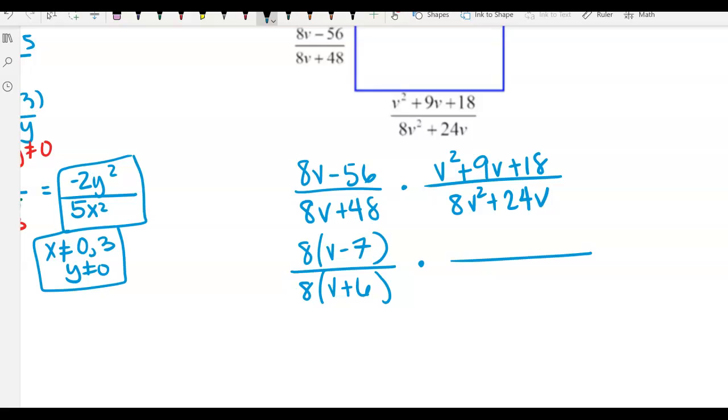Oh, I must have looked wrong. Oh, that's okay. Katie, go ahead and factor the first numerator. And then Tamer, you're going to factor the second denominator. Okay, Tamer.